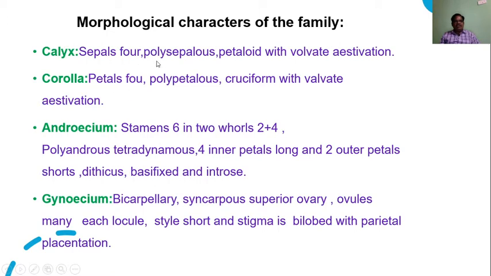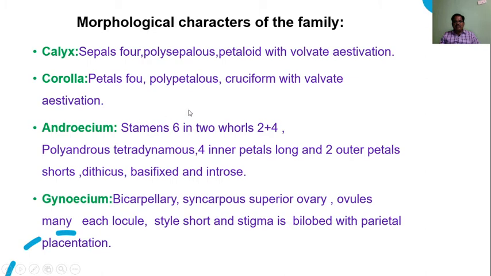Sepals are 4 in number, they are free, that is polysepalous, they look like petals, so they are petaloid and having valvate type of aestivation without any overlapping. Then corolla, petals are again 4, polypetalous having cruciform corolla, and cruciform in the sense that 4 petals are arranged in such a way that they look like a cross.